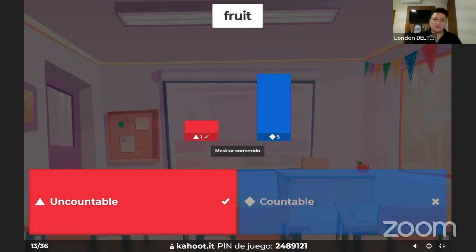So try to think about the same way. Entonces tú puedes preguntar a alguien, ¿do you eat fruit? Fruit, en singular, como está aquí, es un sustantivo que, in this case, it's collective. Podemos decir que es colectivo, porque es un grupo de alimentos. And it's uncountable, es incontable.